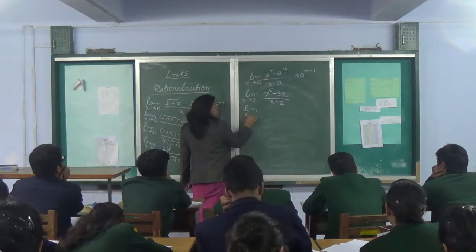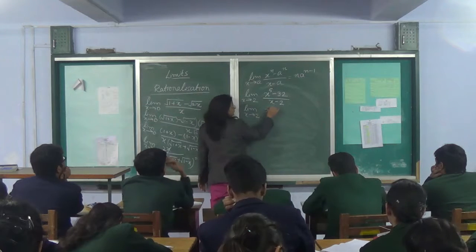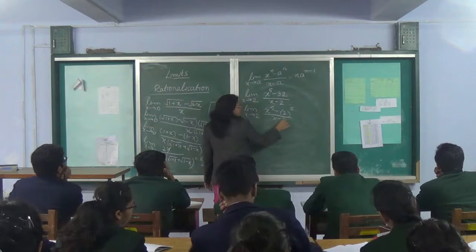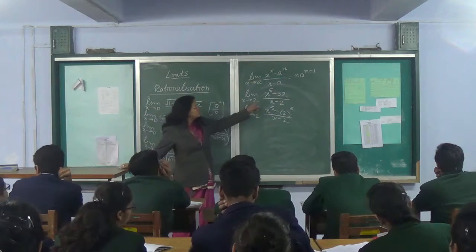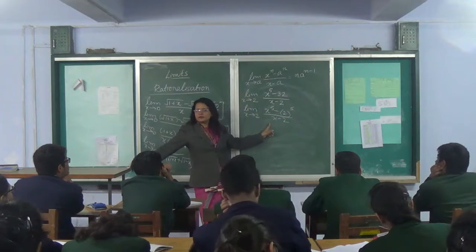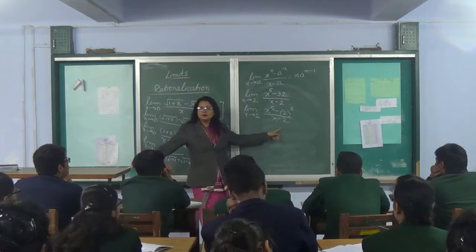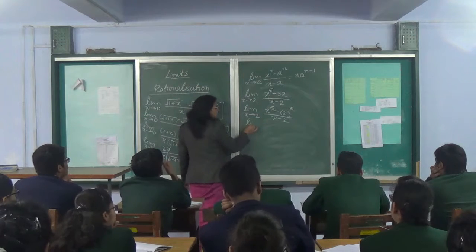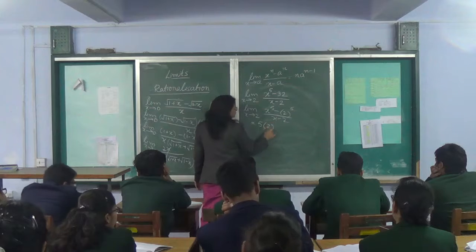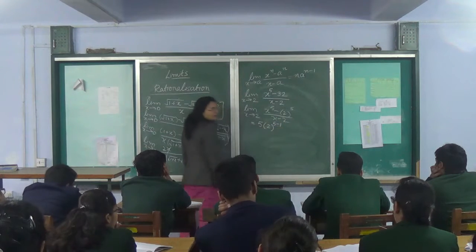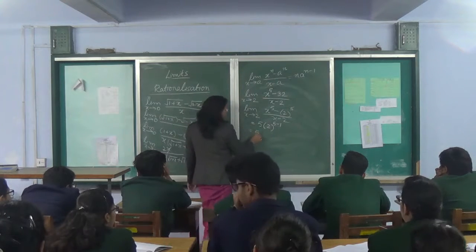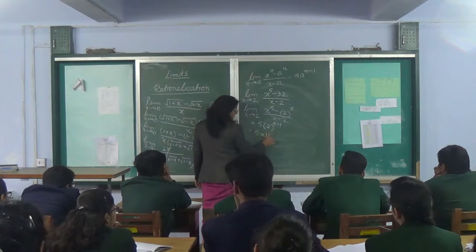You can write it as limit x tending to 2, x to the power 5 minus 2 to the power 5 upon x minus 2. So x to the power n minus a to the power n upon x minus a. So this is 5 into 2 to the power 5 minus 1. So it's 5 into 16.